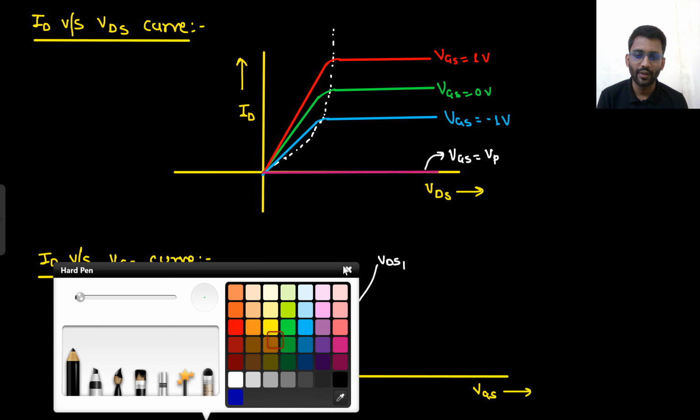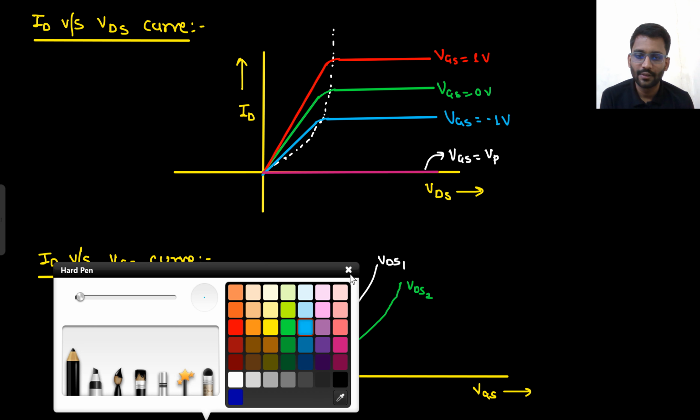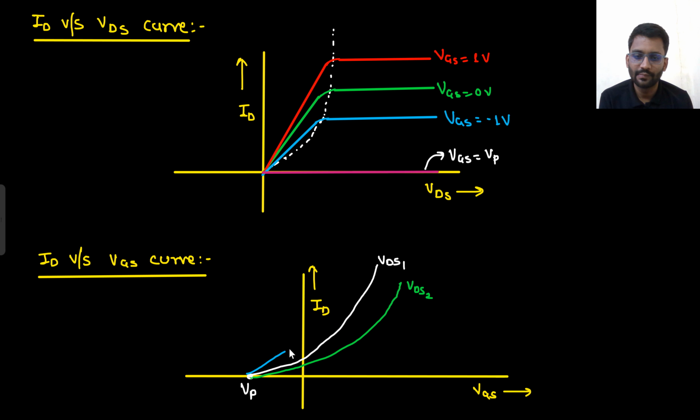Now I will make 2 more graphs, and you have to tell me the relation between VDS1, VDS2 and VDS3. This is VDS2 and this is VDS3.